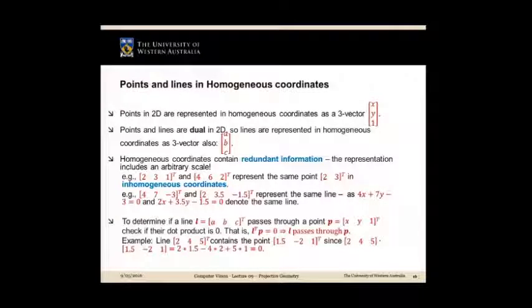If their dot product is 0, the line passes through the point P. So here's an example. Given a line (2, 4, -5), so 2x plus 4y minus 5, and it contains the point (1.5, 0.5, 1), since this line passes through the point, you take the dot product and you get 0.